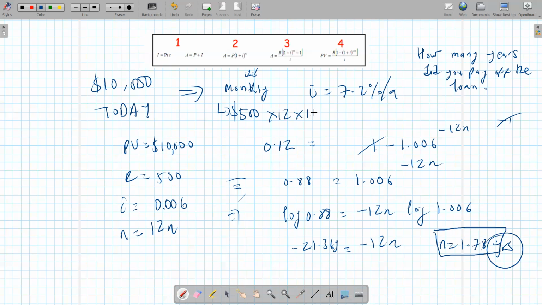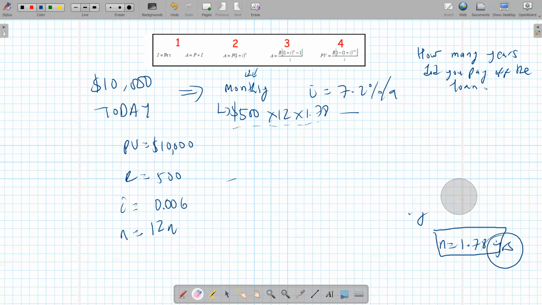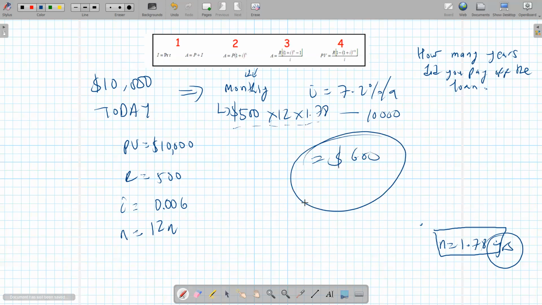And what do you do with this? That's going to be the amount you paid them. How do you find the interest using that? You subtract 10,000 from this and you will get $680. So you paid $680 in interest. Okay, that makes sense?